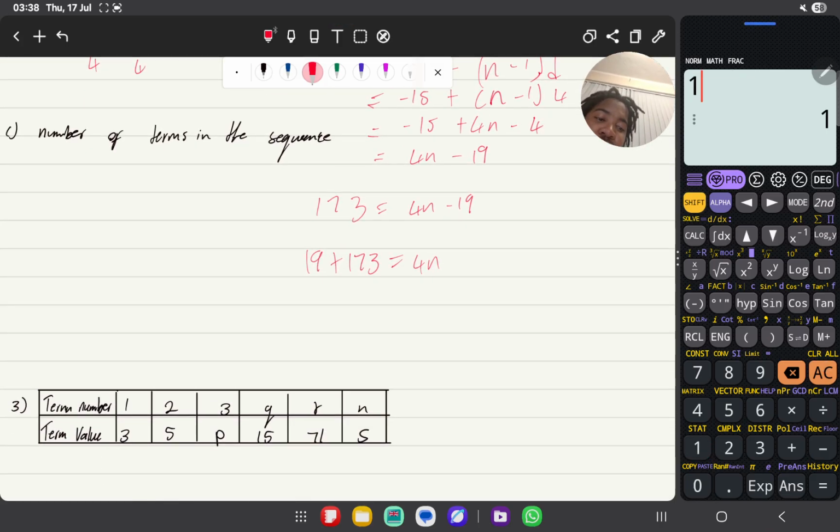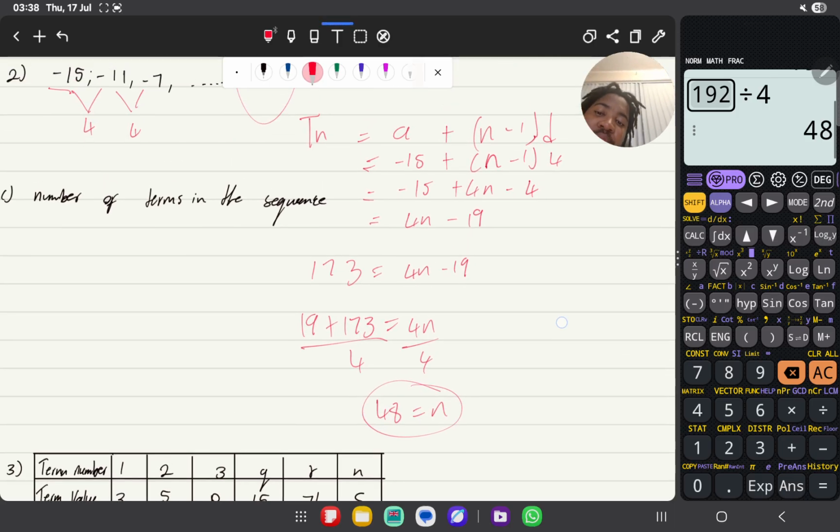So 19 plus 173, you're getting 192. Okay, let's divide by 4. So 192 divided by 4, we get 48, right? So that means you have 48 terms in your sequence.